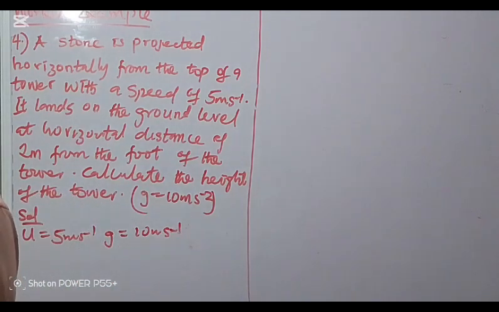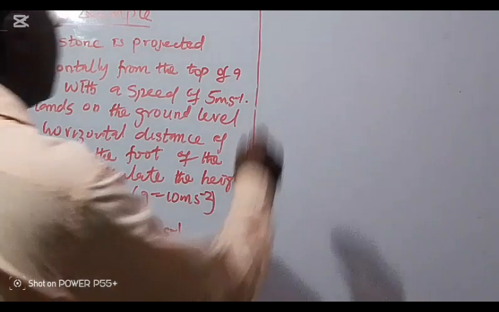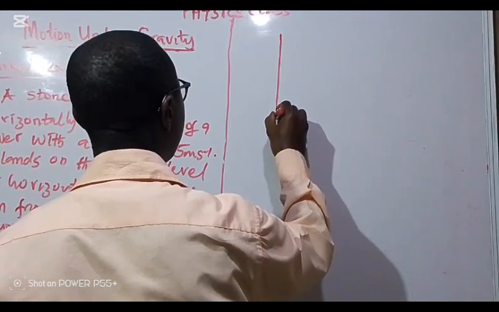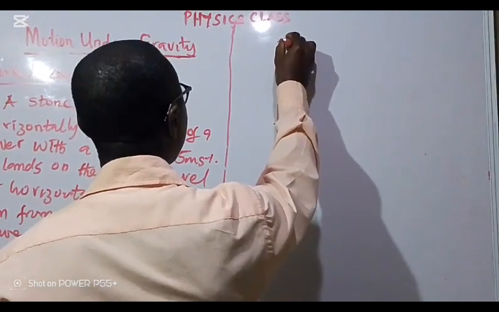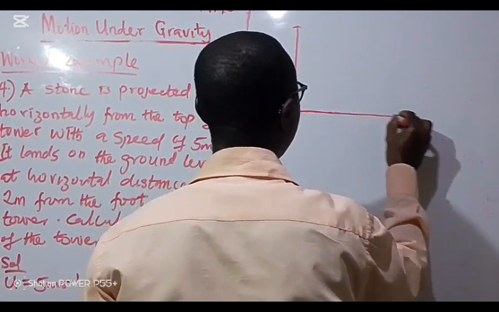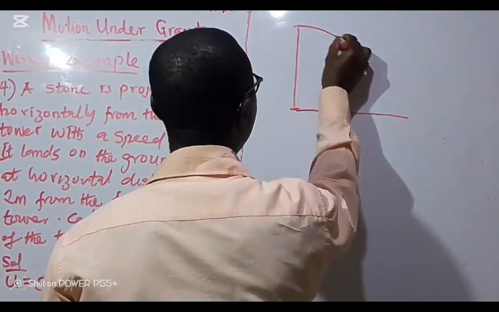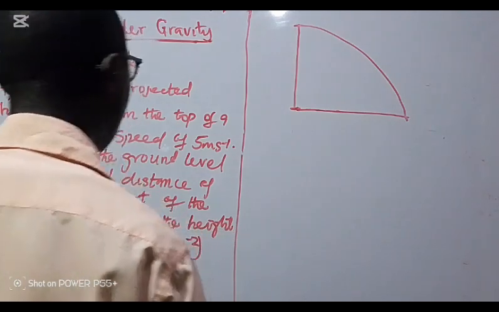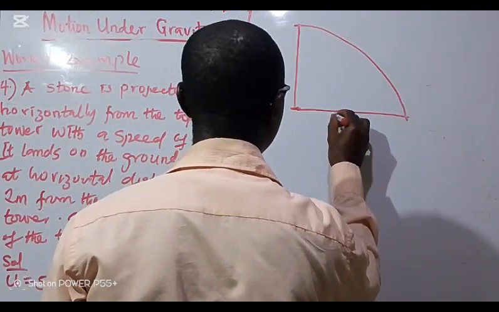The question asks us to calculate the height of the tower. Let's draw it and see, as we did the other time. Let's say this is the height of the tower. Then this is the horizontal level. It travels like this, coming down. According to the question, the horizontal distance is 2 meters.